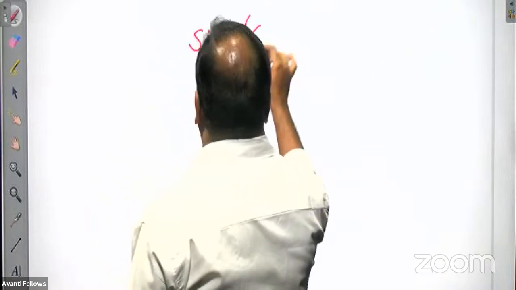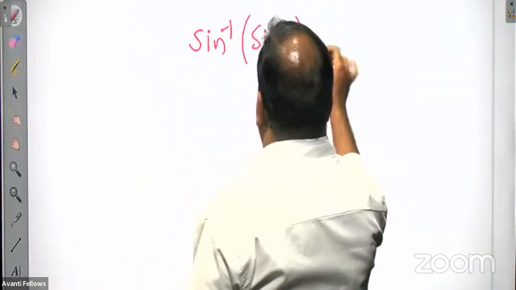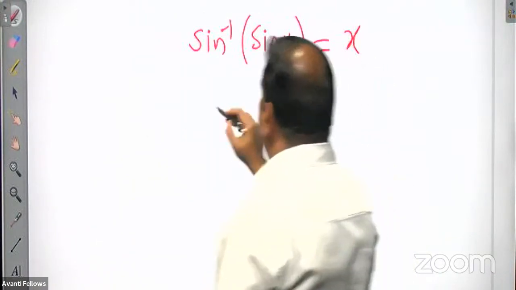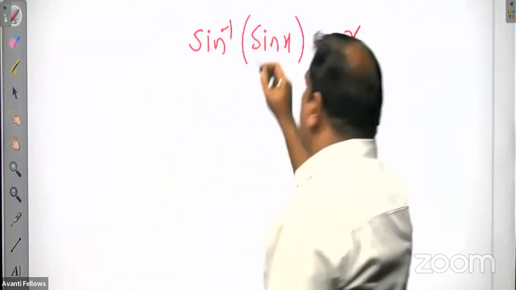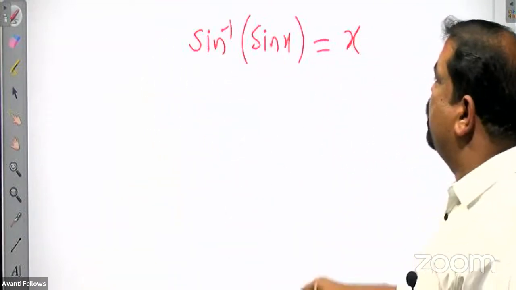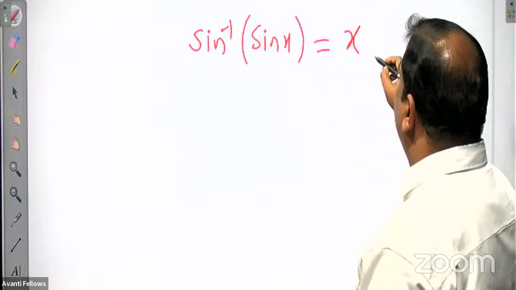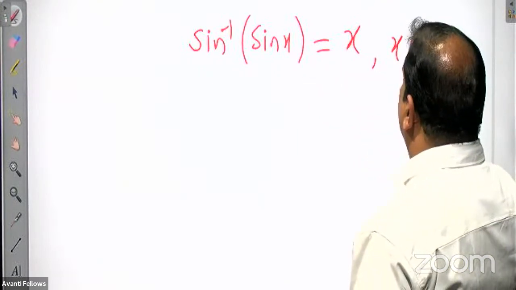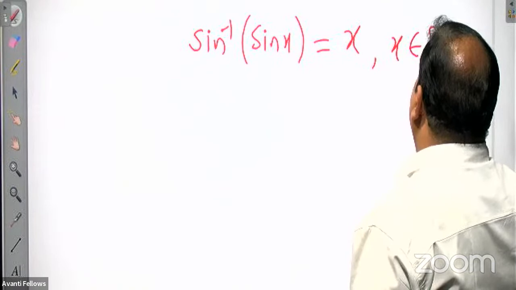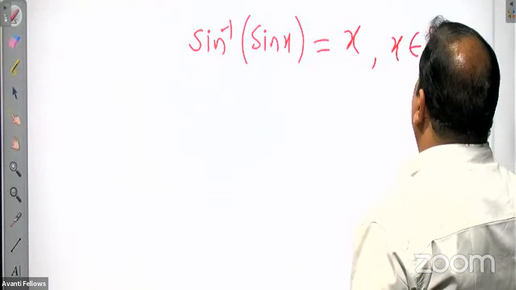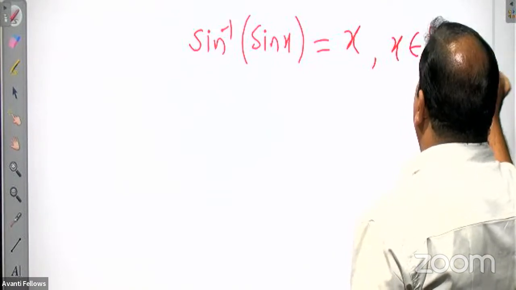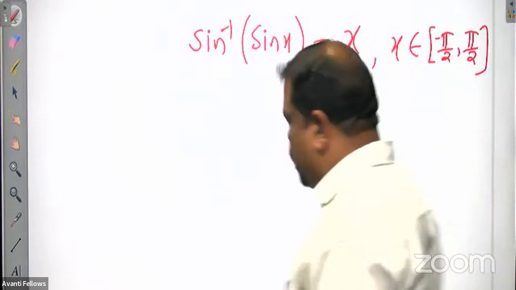Some basic properties. Sine inverse of sin x equals x, true for all the other functions also, where x belongs to minus pi by 2 to plus pi by 2, wherever sin x is defined.